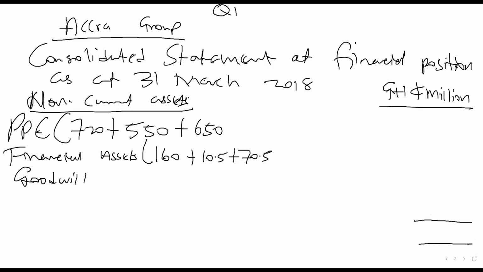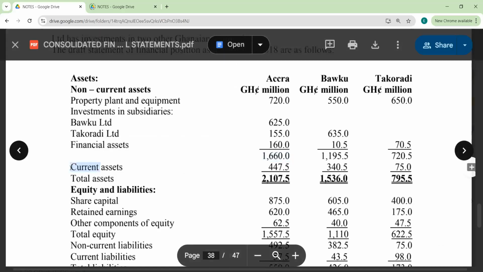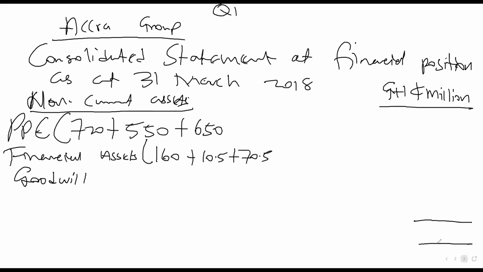When they move, you move. Check and see whether they added. If they added, you must also add. They say current assets, you must also write current assets.